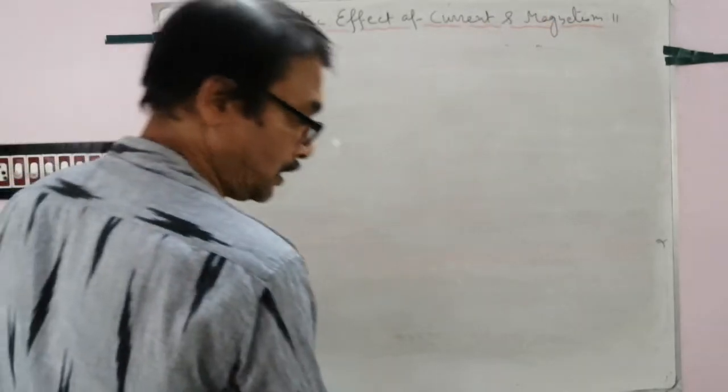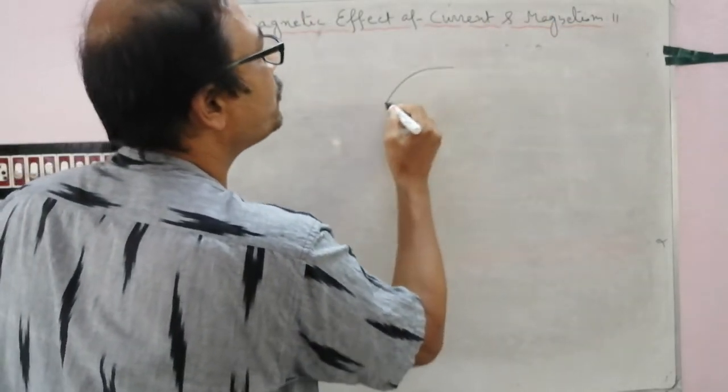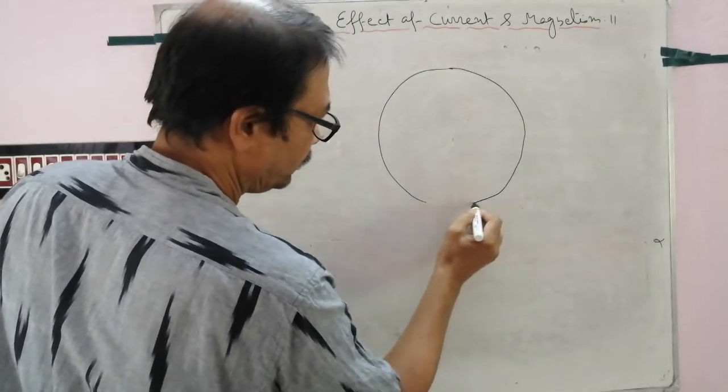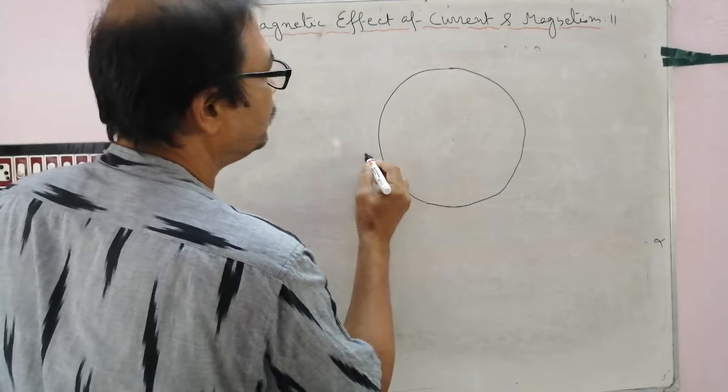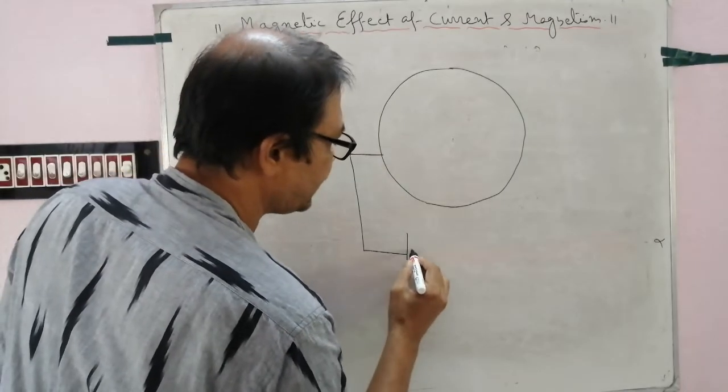Now, another type of application. Suppose this is a circular loop, a wire, and here a cell is connected.